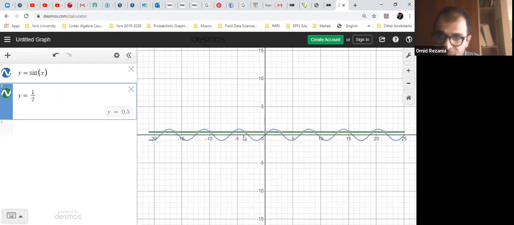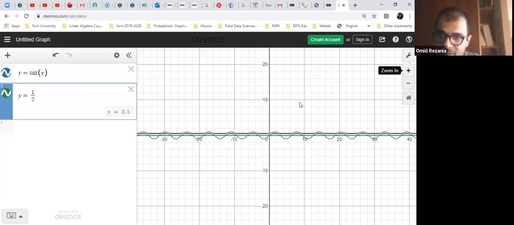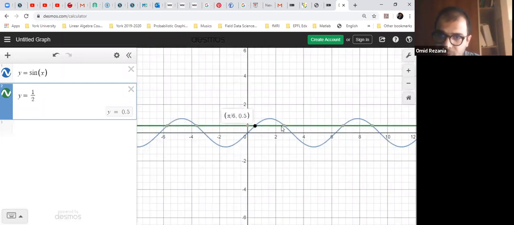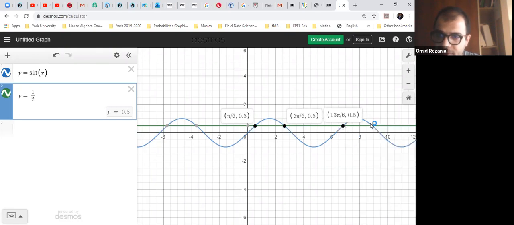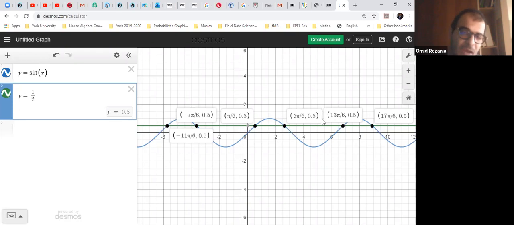You see, I have lots of intersection points: pi over 6, 5 pi over 6, 13 pi over 6, 17 pi over 6. I can move back: I have minus 7 pi over 6, minus 11 pi over 6. I have an infinite number of points common between the husband and wife.